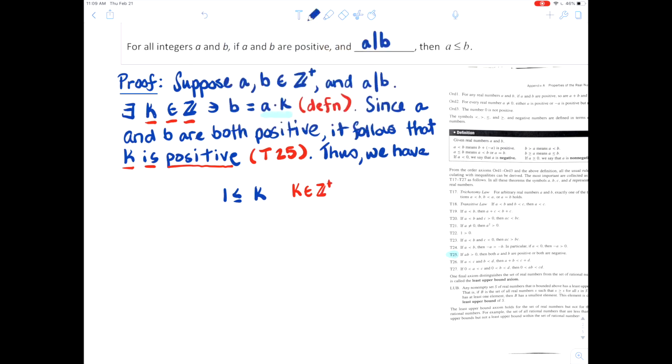So next up, well, what could we do here? We know that A is non-zero, so we can go ahead and multiply both sides by A. Well, why would I be doing that? Perfect, because we want to get B and A in this inequality. And B is equal to what?